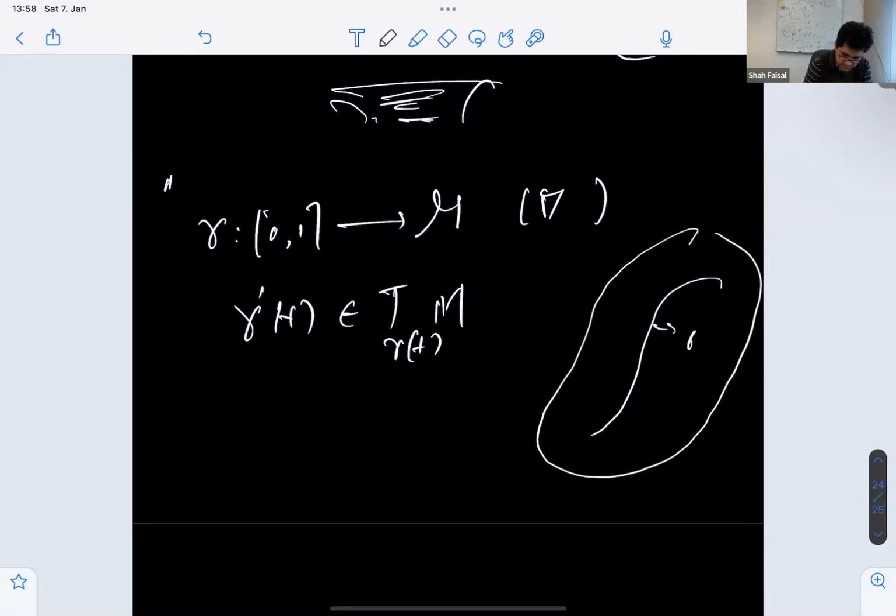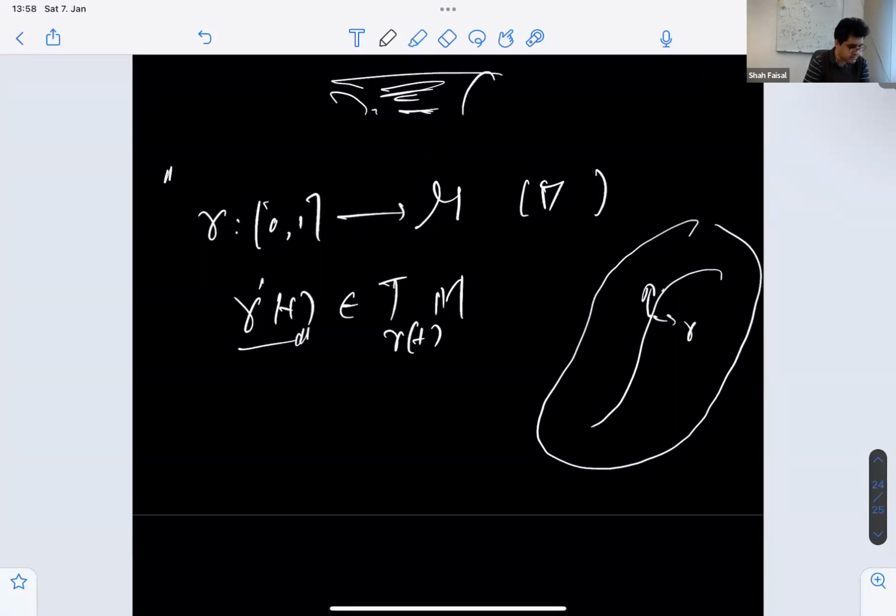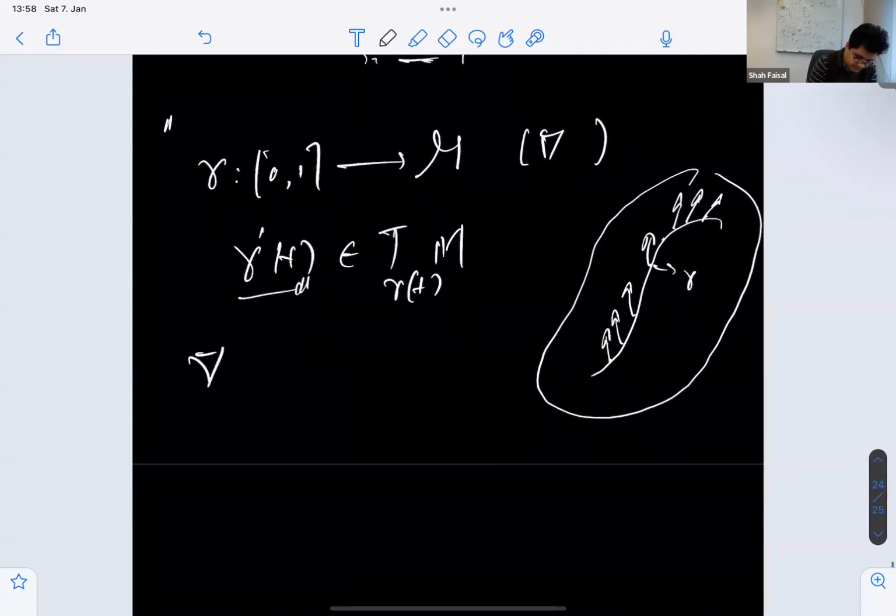Let's say right, my manifold, this is γ. So that would be a vector, something like this. Now you have this vector field, so γ prime is a vector field along γ. Now you can differentiate this vector field with respect to itself, right? Because both are vector fields. So you can write down the covariant derivative of the vector field γ prime along γ, and let's say it is equal to 0.